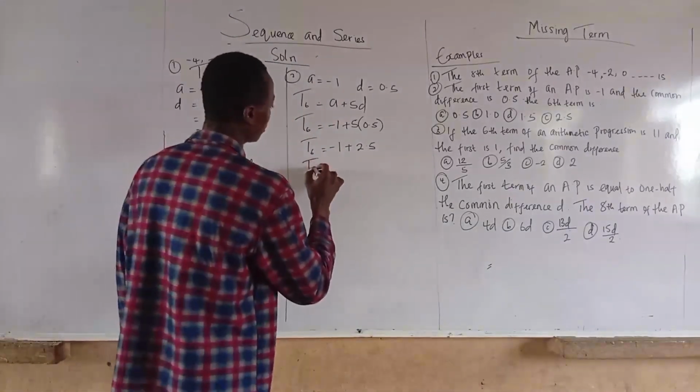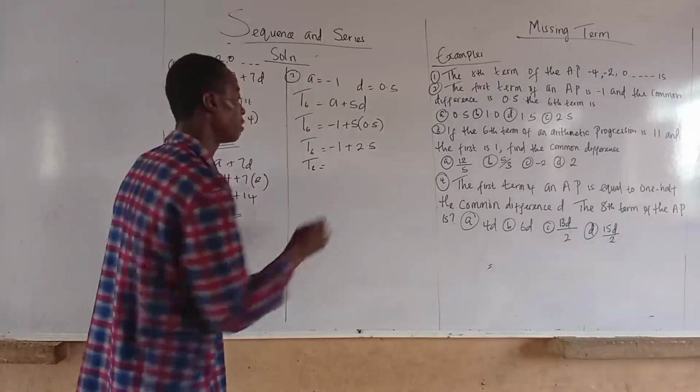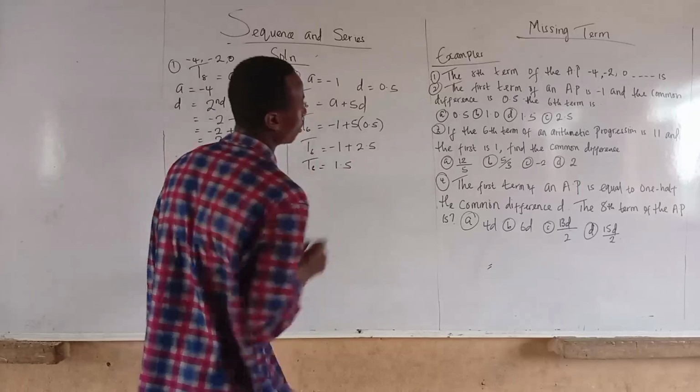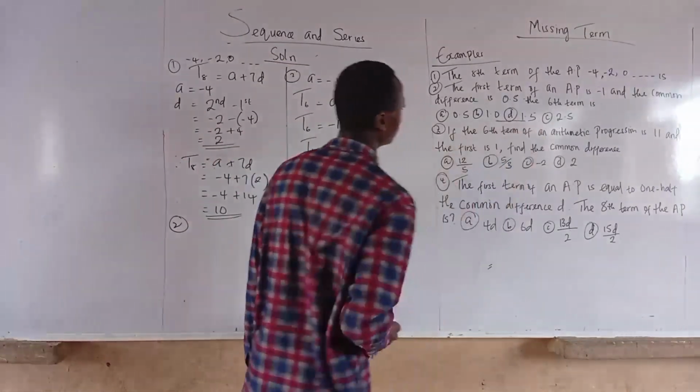So our T6 is equal to minus 1 plus 2.5, which gives us 1.5. We are given options there. Our answer is D.